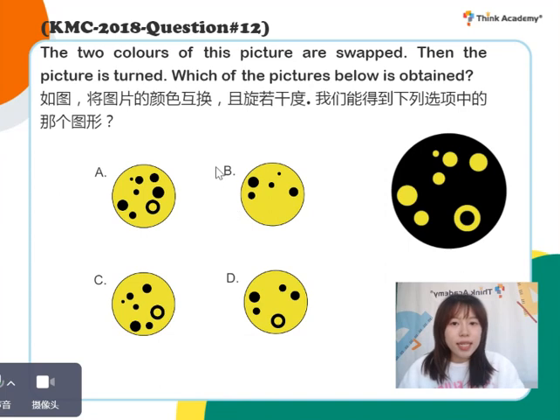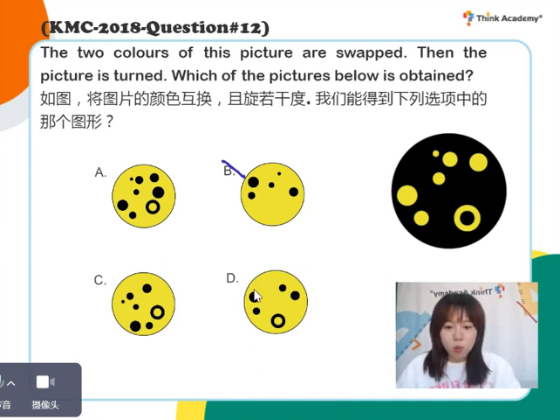So we can easily exclude option B. And also, just ignore the angle, ignore its turn first. Let's count how many dots of this kind we have. There are 1, 2, 3, 4, 5, 6 yellow dots. So after changing, it's going to be 6 black dots.